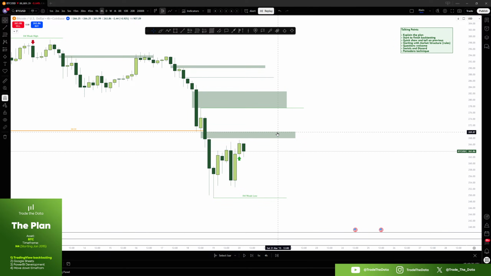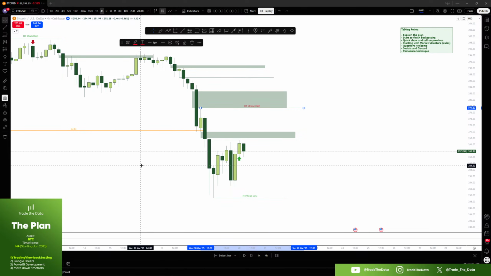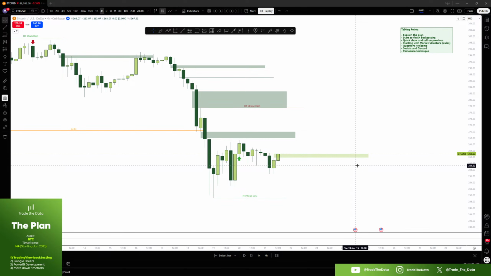For now, keeping it really simple, I'm just going to take the last reverse candle, the high of that move, as my strong high or low. So in this case, we will leave it there, but there is definitely an argument that it might pull up to here and then come back down. We'll see. So this is the H4 strong high. Yeah, perfect. Cool. Right, so we're expecting this to go down.